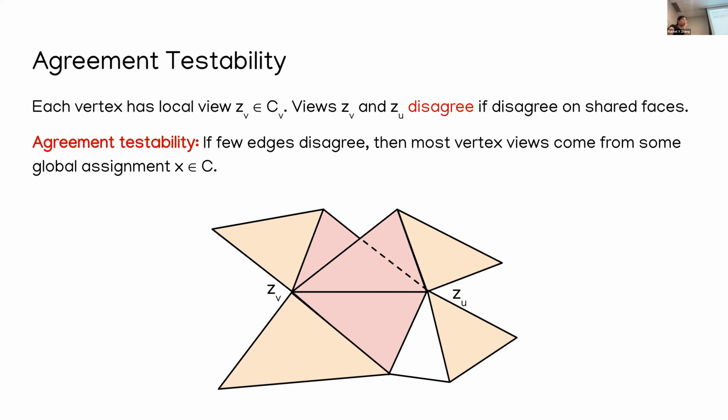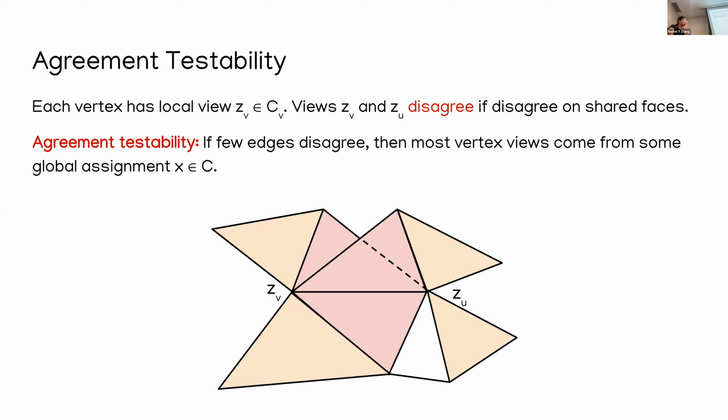And how is this different from the same problem that we had with just the expander code? If I remove some set of constraints, I can also get a lot more words, and they're just not going to agree with one local view.